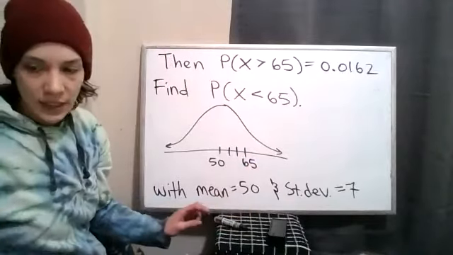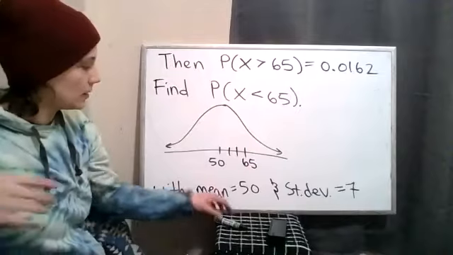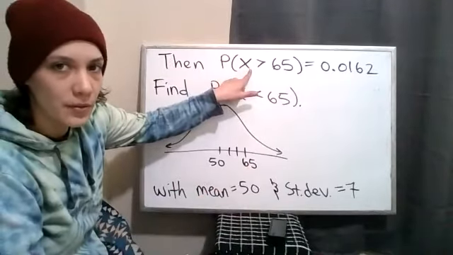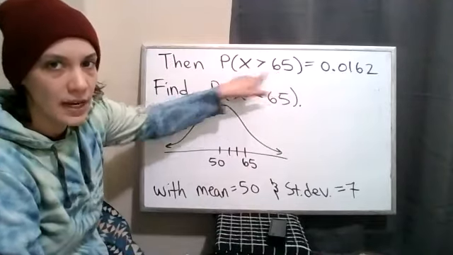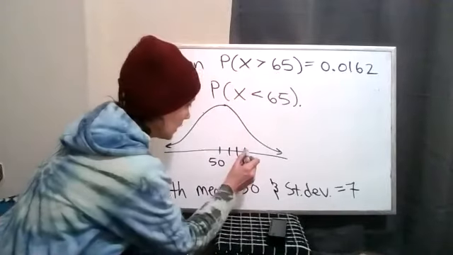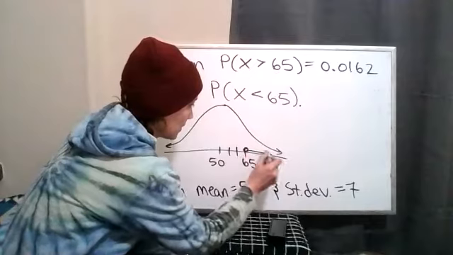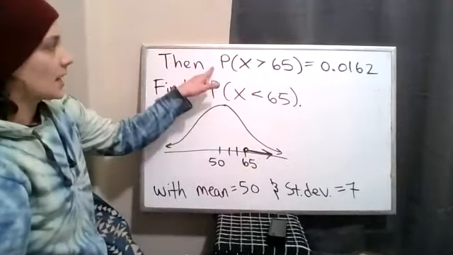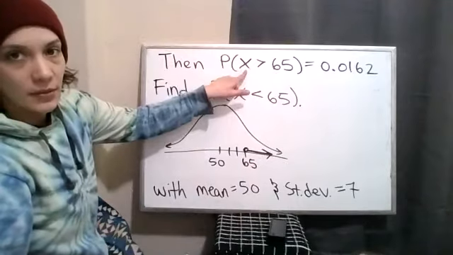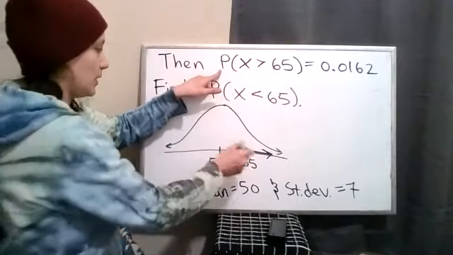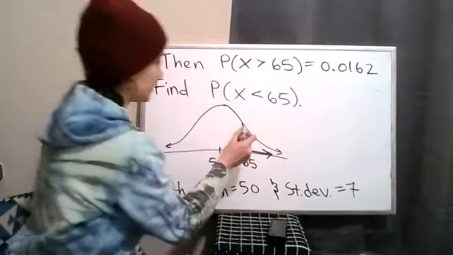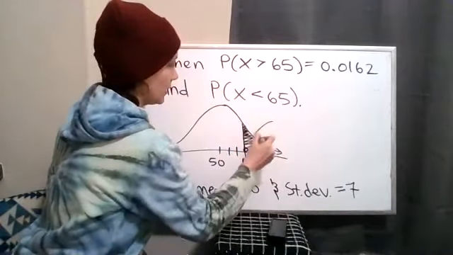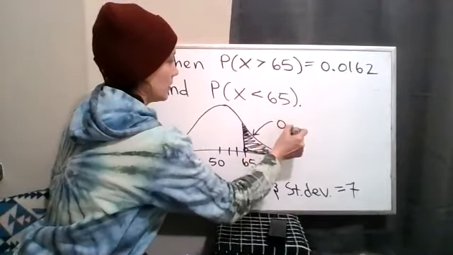The interval we want goes from, that we know about, goes above 65. X value is greater than 65. So on that interval, the probability is equal to the area under the curve, and that area is going to be 0.0162.